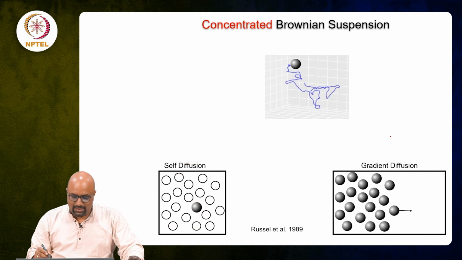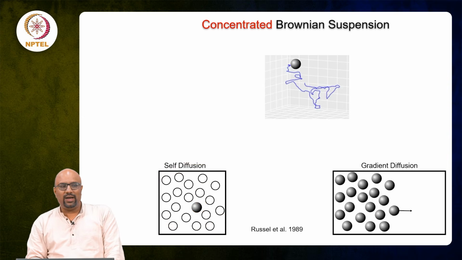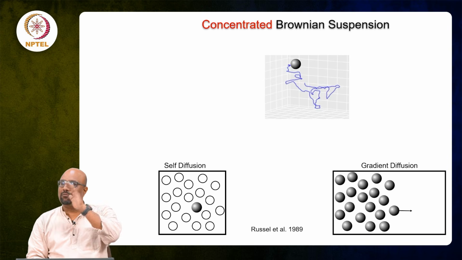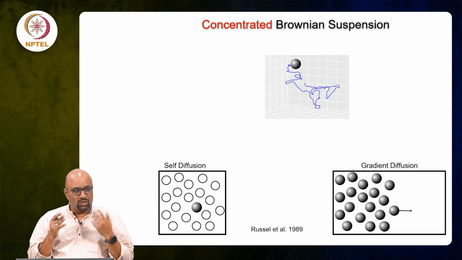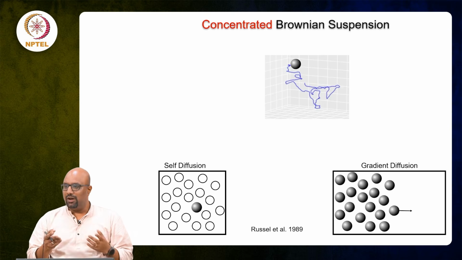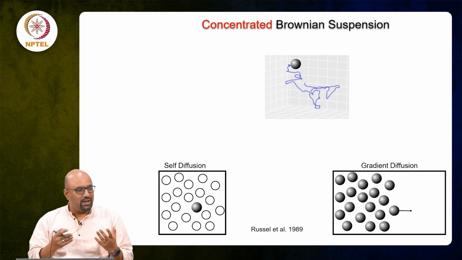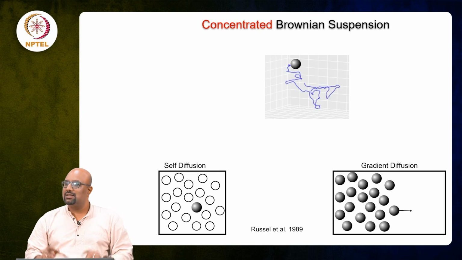Measuring the flux is where you create a concentration inhomogeneity, and then you try to find out what would be the flux of particle as it tries to homogenize. Because what does diffusion do? Diffusion is basically a process by which it will homogenize the field without the action of any external force.